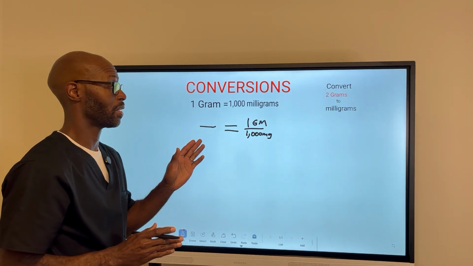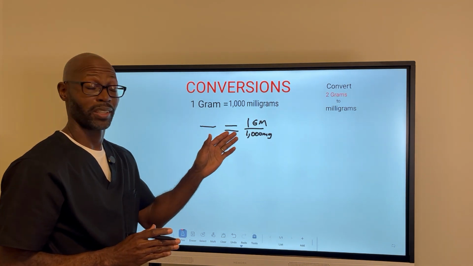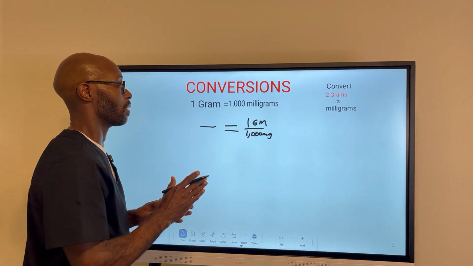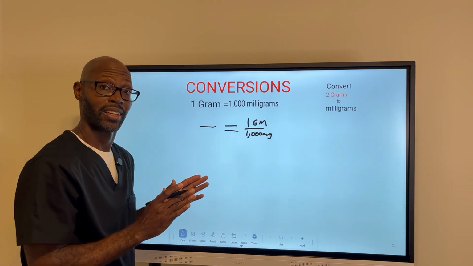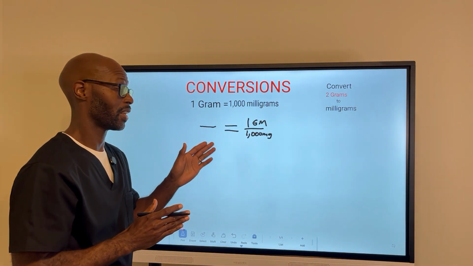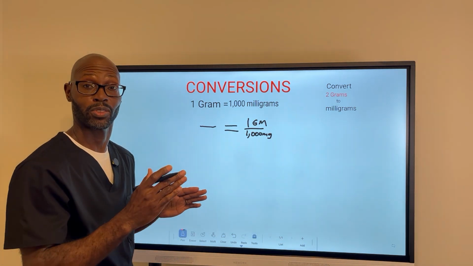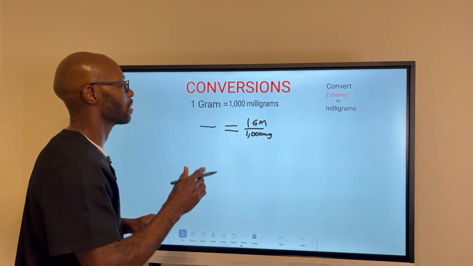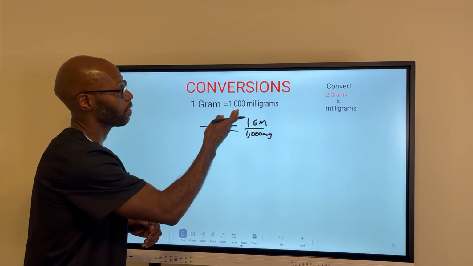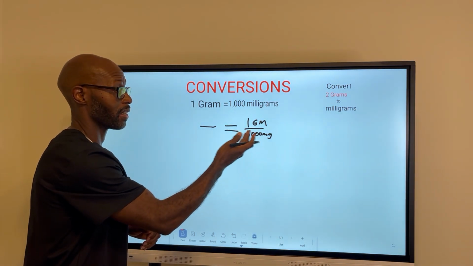I also want to mention that we want to keep our units lined up. We'll make sure all of those are lined up and that everything stays on track, so that you can keep up with the problem and not get off track. Now we've written our conversion on the left-hand side.